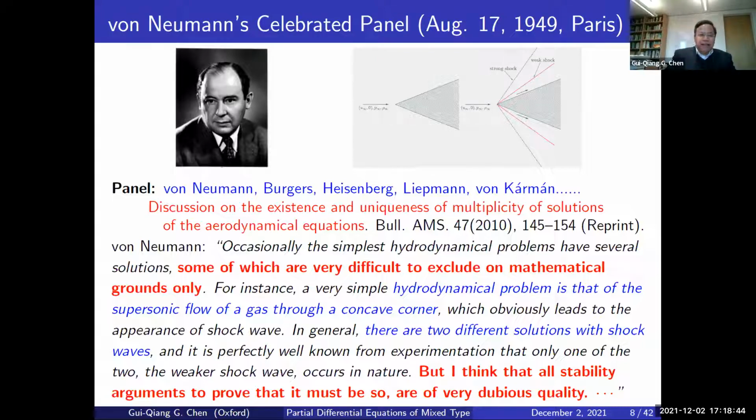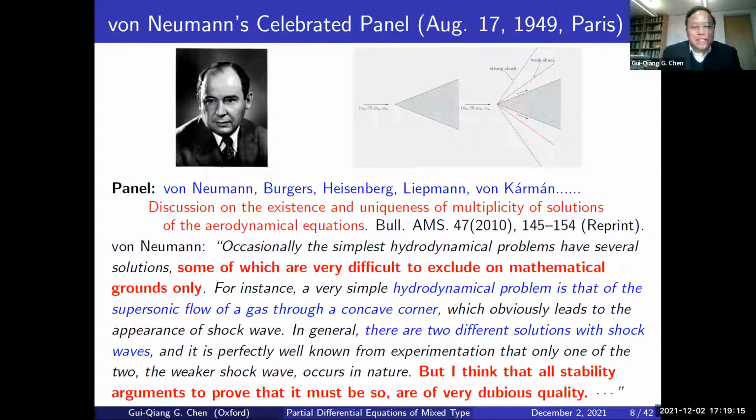So he invited several leading experts from around the world that day, like Burgers, Hessenberg, Lippmann, von Kármán, and others. The topic discussed was the existence, uniqueness, and multiplicity of solutions of the aerodynamic equations.